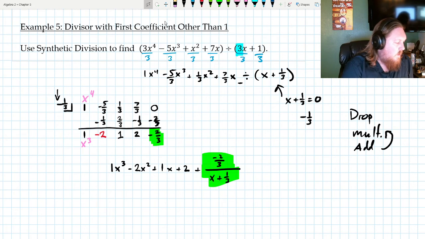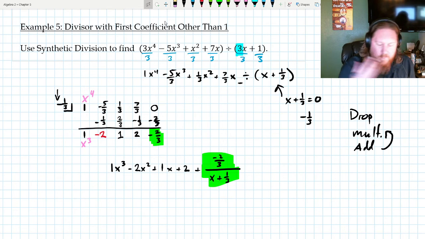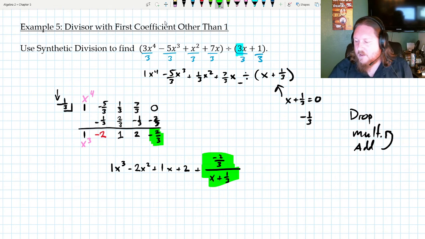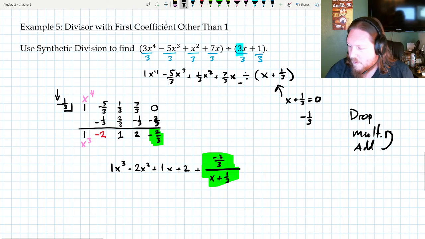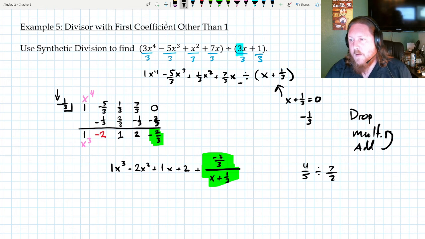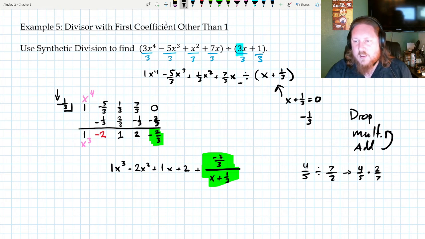So we have negative 2/3 divided by x plus 1/3. If you think back to what division means, like if I have 4/5 divided by 7/2, that really means 4/5 times 2/7, right? So that's what I'm going to do on this little bit here.